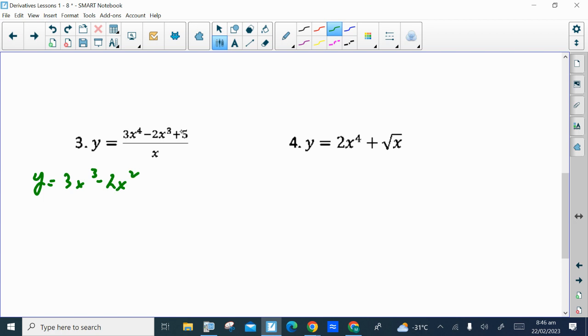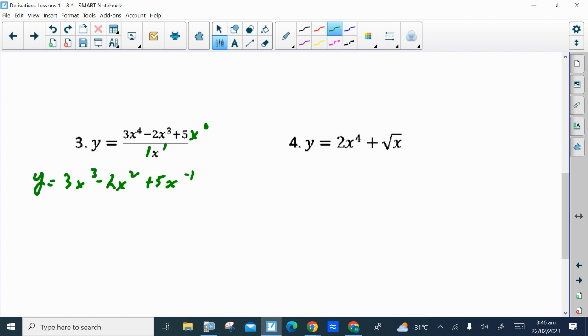And the constant term of 5, remember, that's the same thing as 5x to the power 0. So you can still divide. 5 divided by 1 is positive 5, x, and then when you divide the x to the 0 by x to the 1, remember you subtract the exponents, keep the base the same, 0 take away 1 is negative 1.